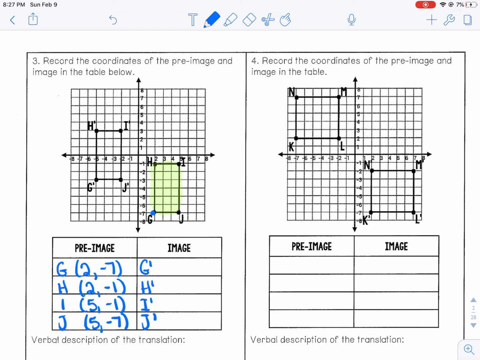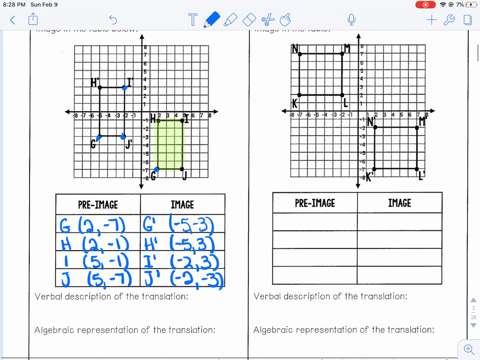So after the translation occurred, G prime is at -5, comma, -3. H prime is at -5, comma, 3. I prime is at -2, comma, 3. Okay, and J prime is at -2, comma, -3.